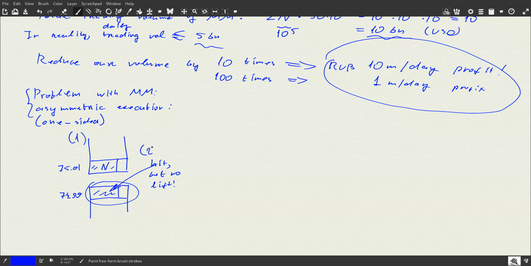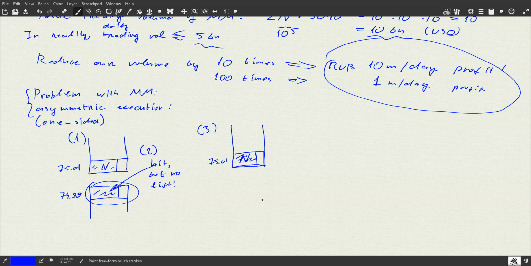Then the hit was received. So the order book now looks like this. Your ask side is unfilled as yet at 75.01. But the bid side is now completely smashed.